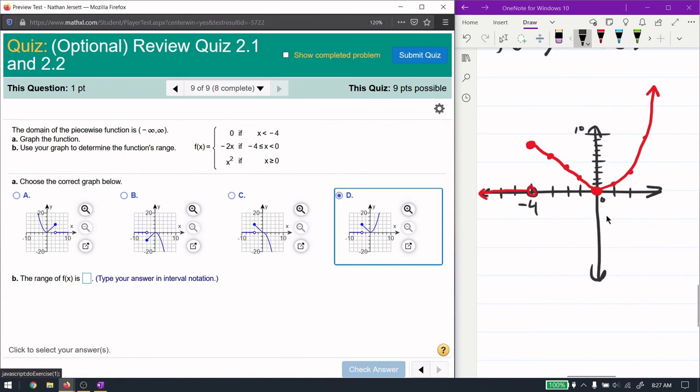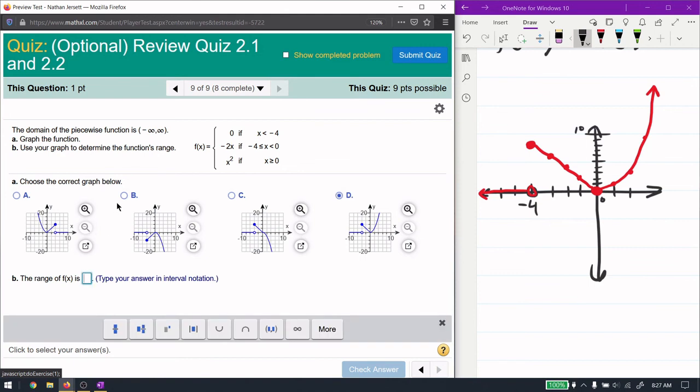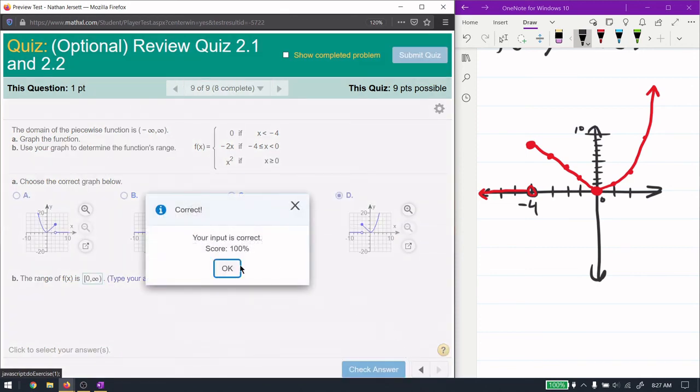Everything below it is not contained. You cannot go left or right to the function, so that is not in the range. So we're going to start with 0. We're going to include 0 because x squared is 0 when x is 0. And it goes up to positive infinity. And that's correct.